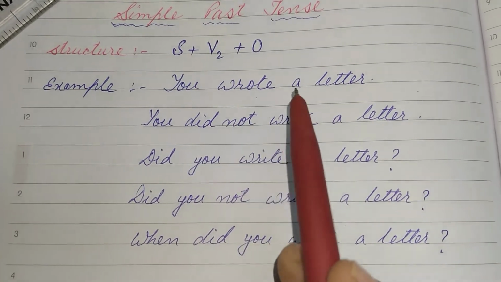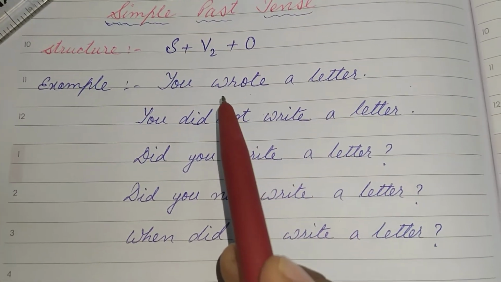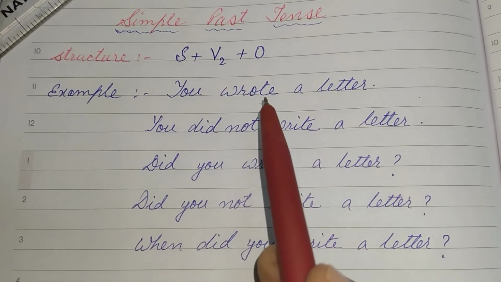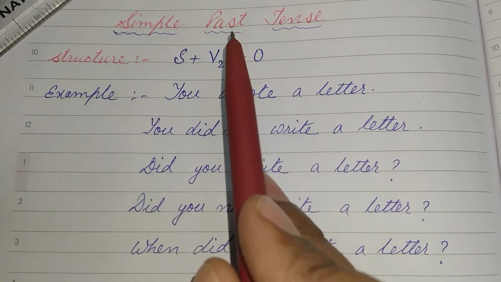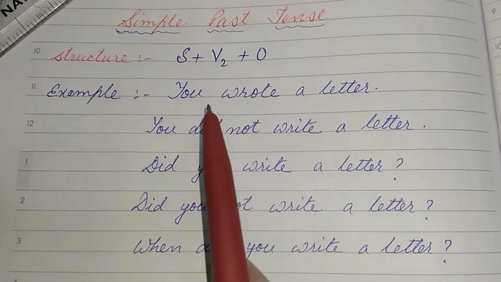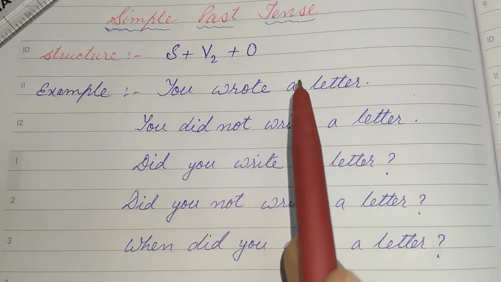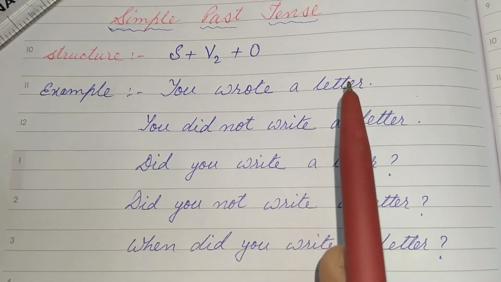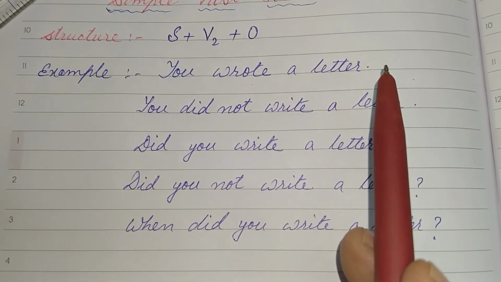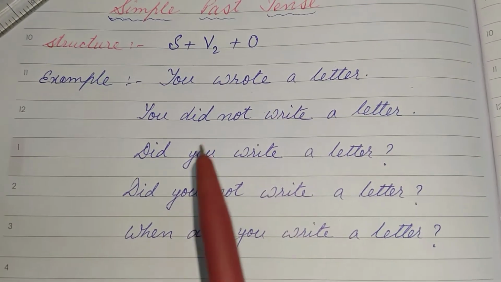You wrote a letter. This verb 2 is only used in simple past tense. So this is the affirmative or positive form of the sentence we have already discussed in the last video.